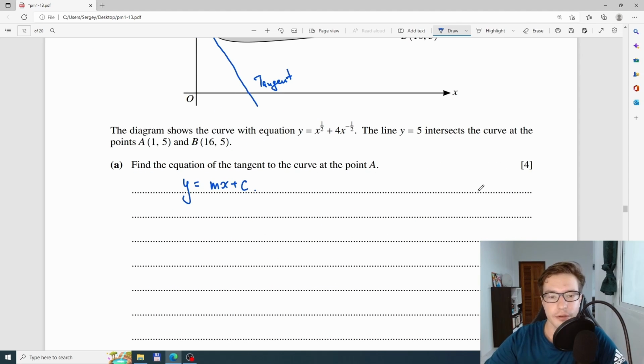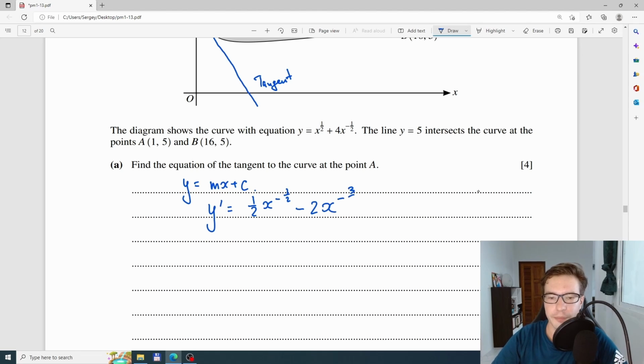So, let's find the derivative of the curve. It's going to be 1/2 x to the power of -1/2, right? I'm subtracting 1 from the power, minus 4 times 1/2, that is 2, x to the power of -3/2.